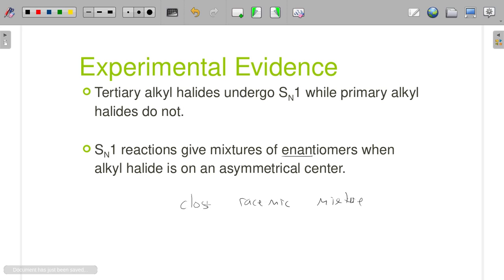So let's say we start with an RX that was definitely S. When we're all done with our water, we would get ROH, R and S. We get both. All right, so that tells us that we're not expecting or don't see a backside attack, at least not the same way as SN2s.